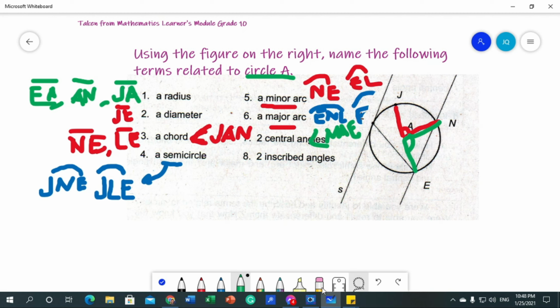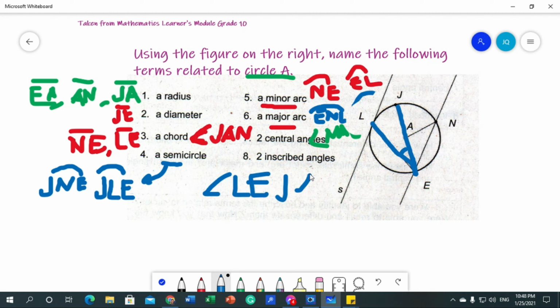So how about this angle, LEJ? Where is its vertex? It is on the circle. So how do you call that? Of course, that is called an inscribed angle. LEJ is an inscribed angle. Do you have any other inscribed angle in circle A?